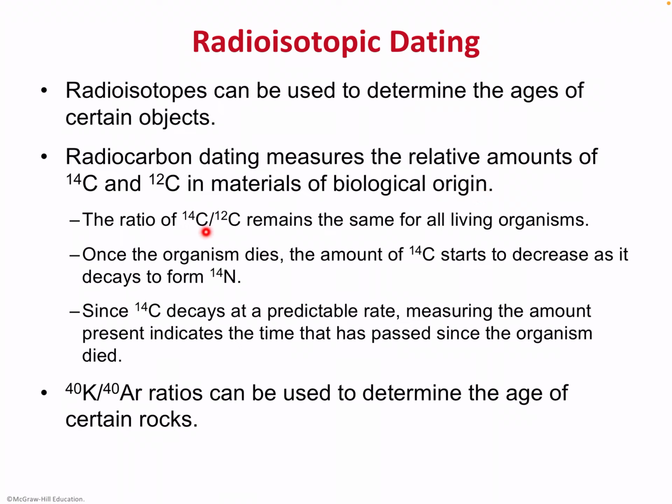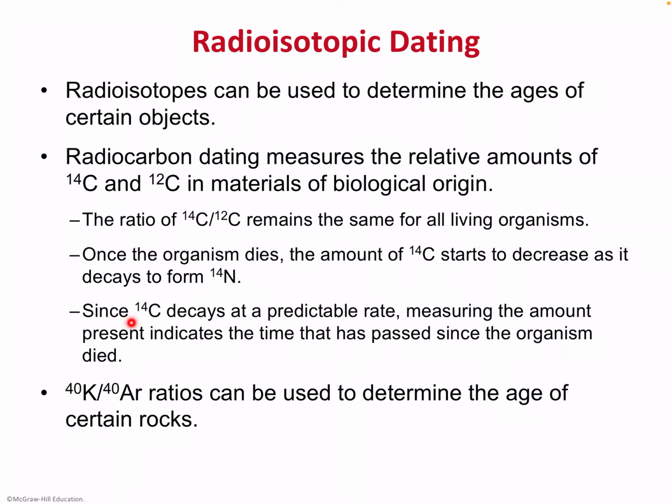Now, this ratio of carbon-14 to carbon-12 remains the same for all living organisms, including you and me. We do have carbon-14 in our body as well as carbon-12, and this ratio remains the same.